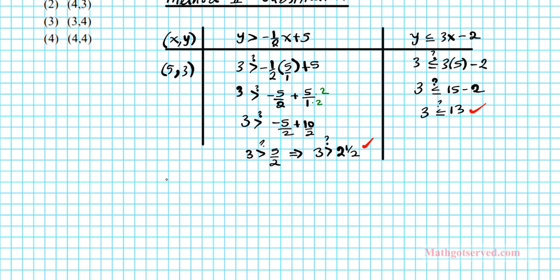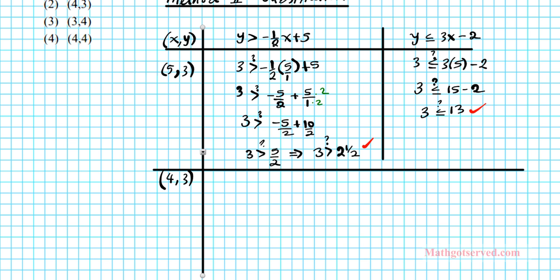Option number 2, 4, 3. This was the borderline situation, the one that failed on the inequality in method 1, right? So this one is our answer. We already know that, but let's act as though we don't know. So we're going to plug it into the inequality and test it out.